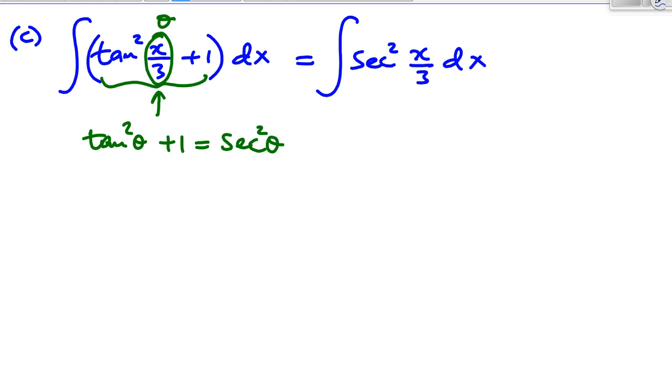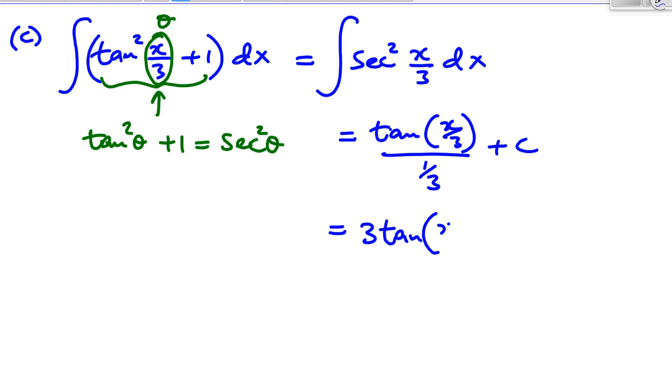And then using one of those shortcuts that I showed in the previous page, we know that the integral of secant squared x over 3 is tan x over 3. So my answer will be tan x over 3 divided by a third plus c, which is the same as 3 tan x over 3 plus c.